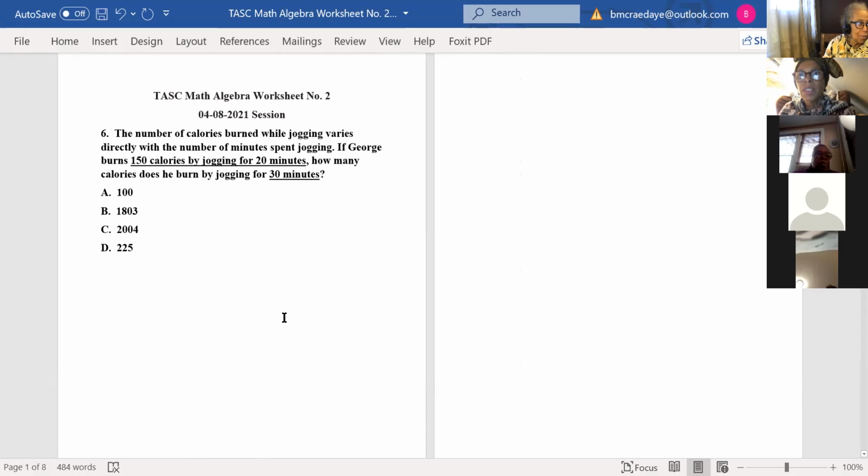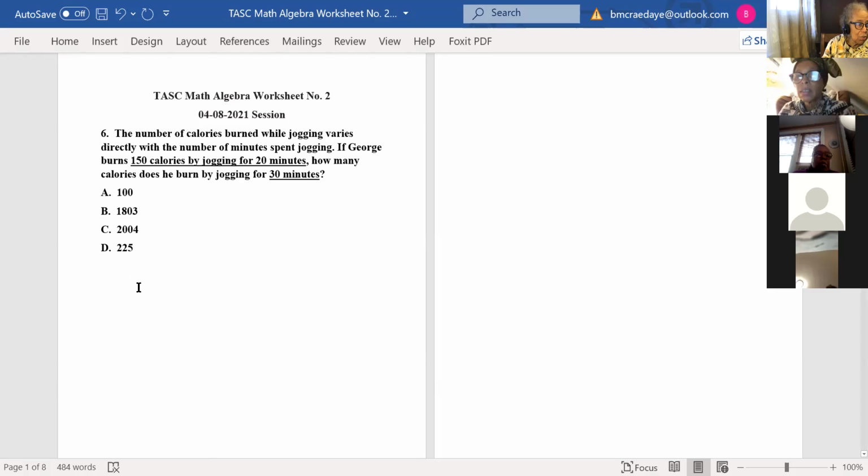A ratio is a fraction, which means a numerator over a denominator, or a quantity colon another quantity.